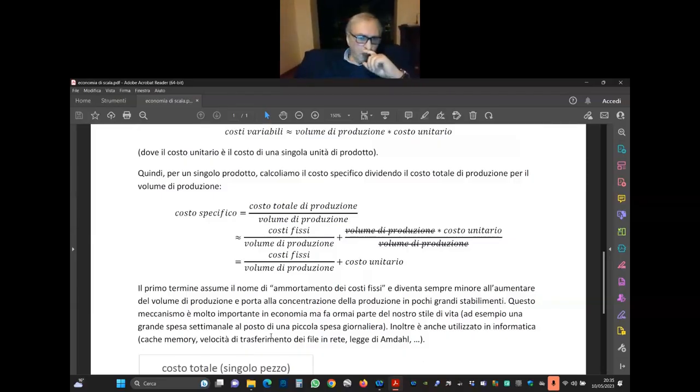We will see better what this is about later in a subsequent video. The speed of file transfer over the network is another aspect, different from the previous one, but it still concerns computer science. And in this case, what are we amortizing? The transaction time. The transaction is a period in which there is no actual exchange of the content, the object of the file that needs to be transferred, but in reality, information is exchanged to agree between the sender and the receiver on the type of transmission.